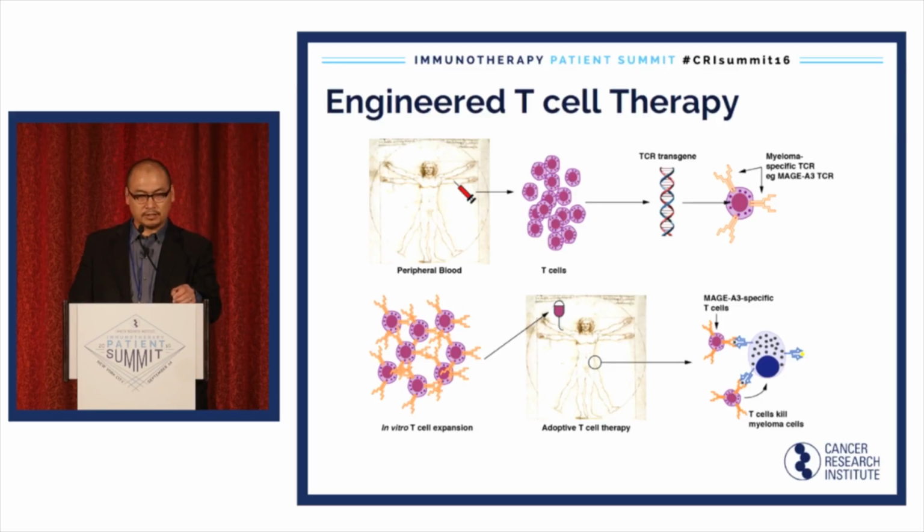In other cases, there are what are known as CAR, or chimeric antigen receptor, which confer on the T-cell specificity for a particular protein that's on the surface of the tumor cells. And those engineered T-cells will then express those receptors on their surface, and then they're reinfused back into the patients. That's what's called adoptive T-cell therapy. And then those engineered T-cells will seek out and kill the tumor cells.